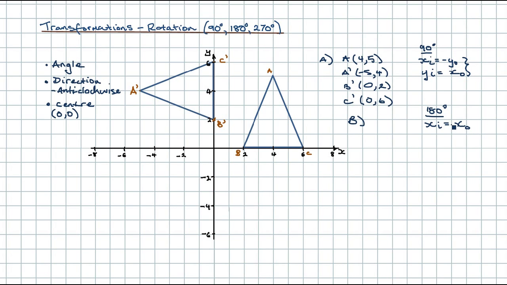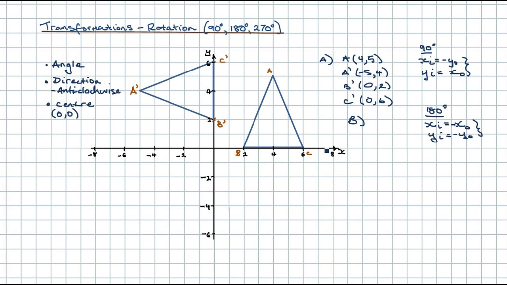For the y component of the image, again, it's just the y component but negative, or reverse the sign. So even simpler for the 180 degree. Let's see if it works.